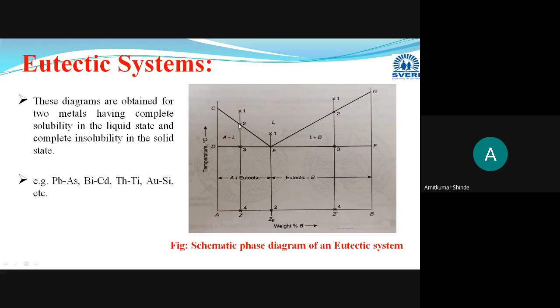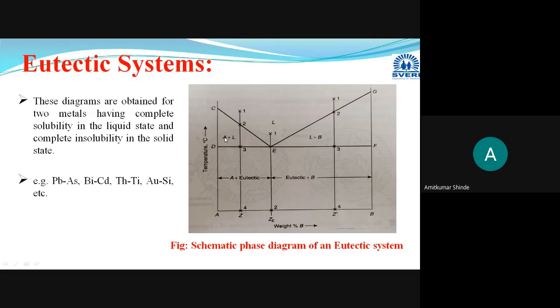Then during the cooling process, when the temperature falls below this point 2, the solidification process will start, and the solid, meaning element A, will start separating out from the liquid.